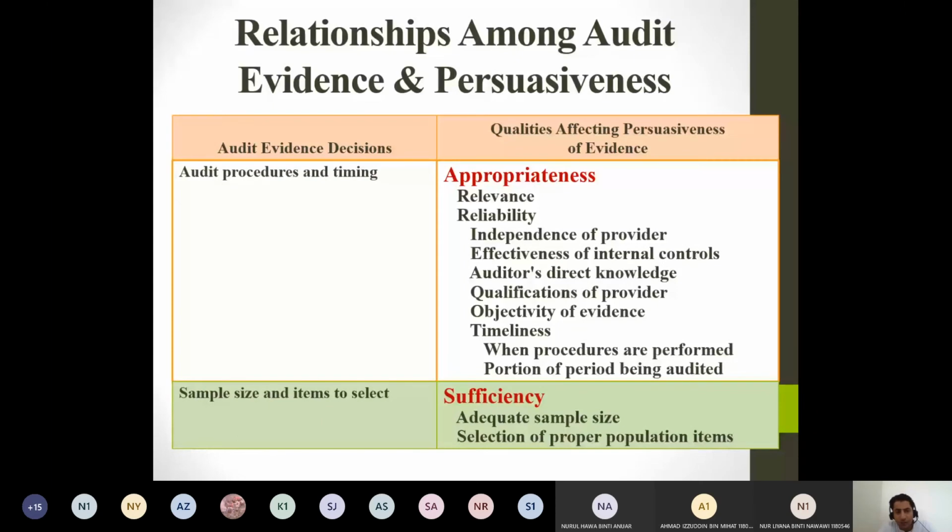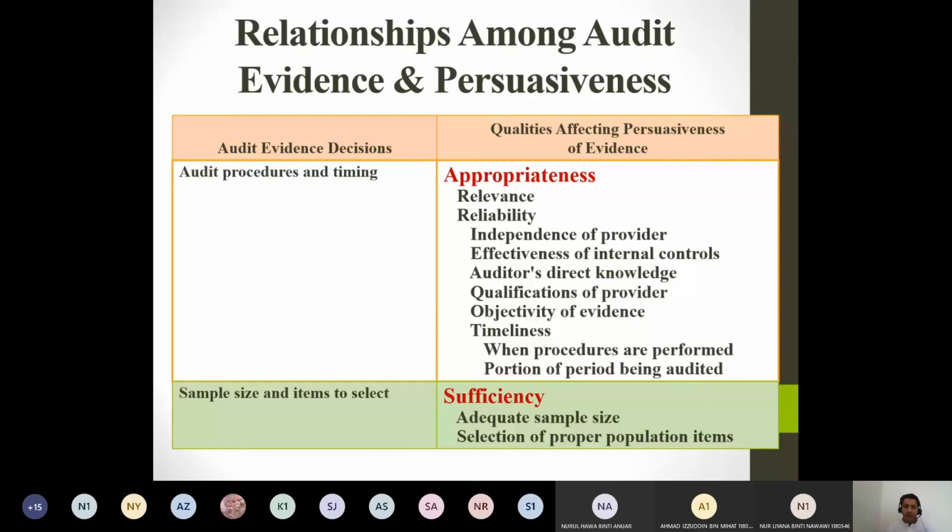The first one is about the procedure, the type of audit procedures, and timing. We have two decisions here, about the procedures and the timing, and they are more related to appropriateness: relevance, reliability, independence of provider, effectiveness of internal control, auditor direct knowledge, qualifications of provider, objectivity of evidence, and timeliness, which is when the procedures are performed or the portion of the period being audited.